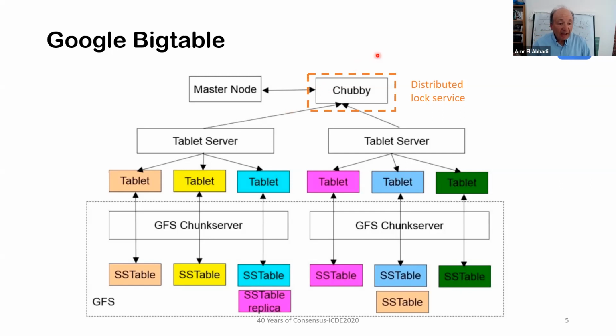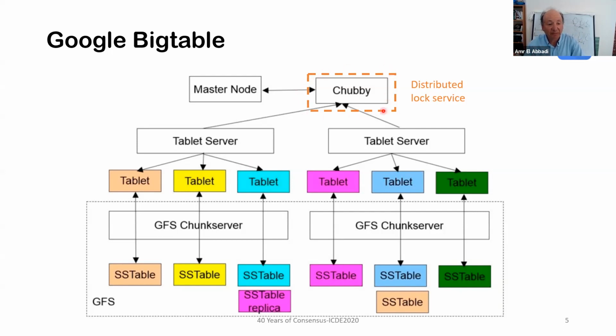So at that time, they developed this very interesting subsystem called Chubby. The entire system is below here, and it has replicas, it has all the good stuff, but it doesn't need to be consistent in a highly consistent manner. However, the metadata, the information about the running of the system, needs to be very up to date, consistent and highly fault tolerant.